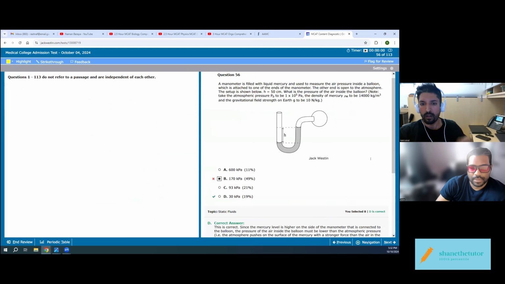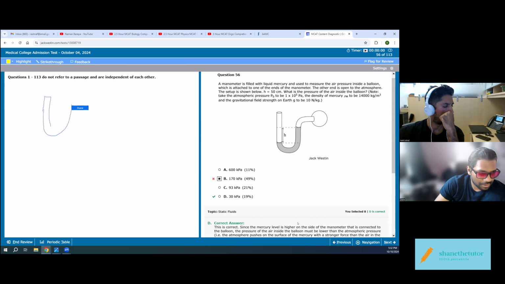Okay, so let's think about this conceptually first. For instance, our balloon here, and on the left side, it's open to the atmosphere, right? Let's say the levels of the water, or I guess mercury in this case, are equal.